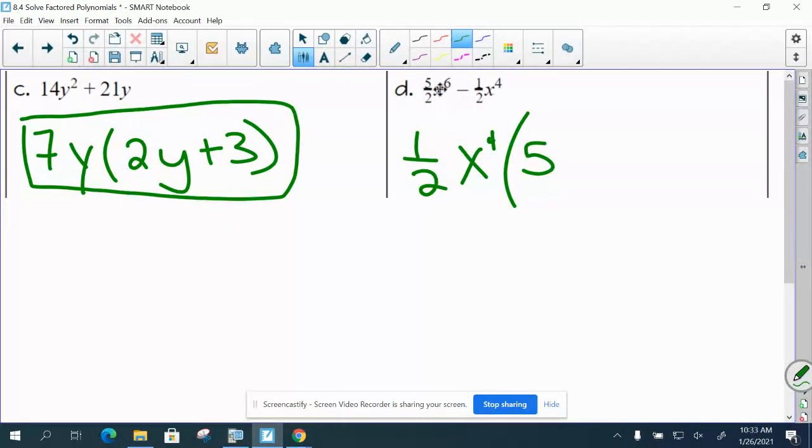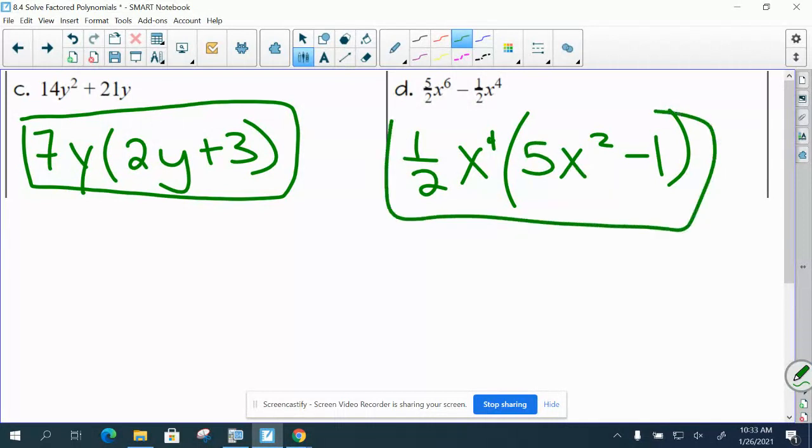So 5, and then you have 2 x's left, so x to the 2nd, and then you pulled everything out here. But you can't just leave it as nothing, you have to have a placeholder as 1. Because if you were to distribute, you want something to be there so that you get 1/2 x to the 4th.